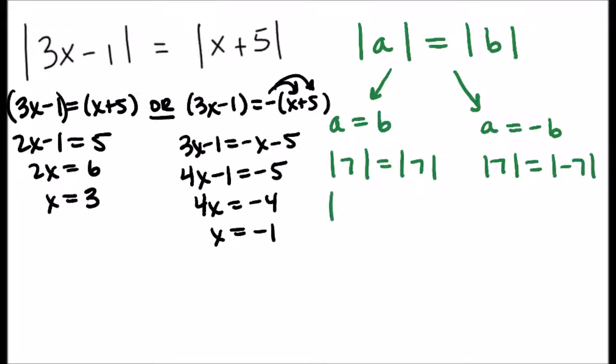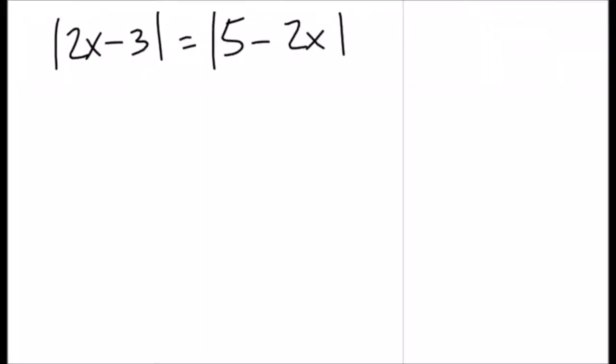We're basically looking at the case where negative 7 has the same absolute value as negative 7. So we wouldn't be getting anything else. If we made both of them negative, we would have gotten x equals 3 with probably an extra step of distributing negative signs. All right, so let's put this one into action again.